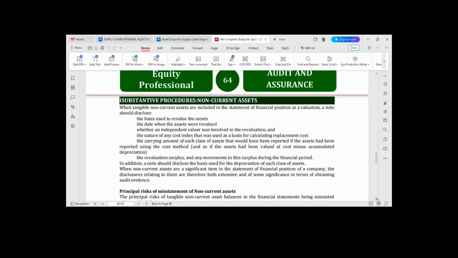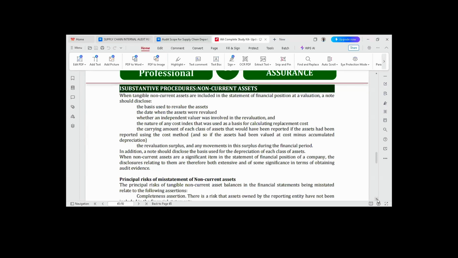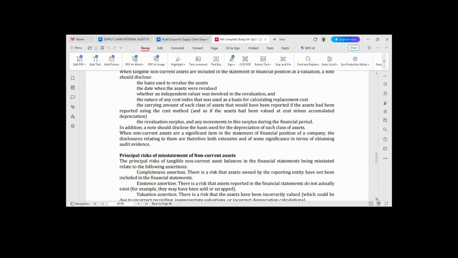So if non-current assets are not properly evaluated or examined, there could be material misstatement in the financial statement of the period under review. So there is that risk of material misstatement. What are the principal risks of misstatement of non-current assets?